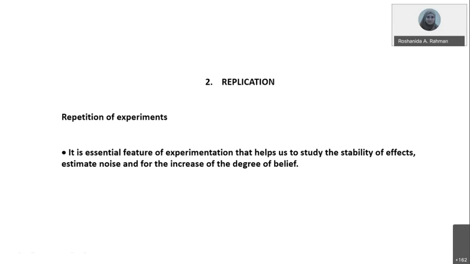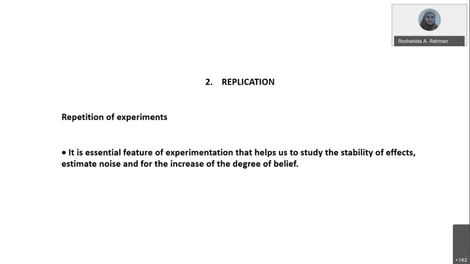If you have a 2-level factorial design, 2 power of 3, you have 8 runs. If you replicate once, you have to conduct 16 runs, the whole experiment. You replicate the whole experiment from 8, and you will have 16 runs.